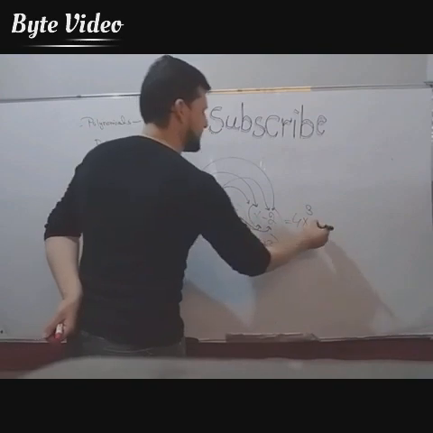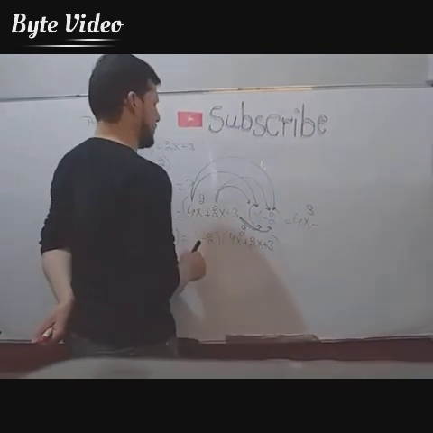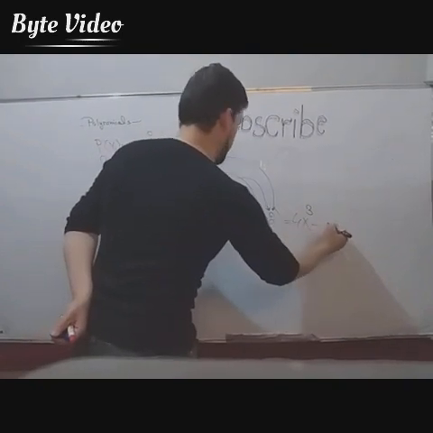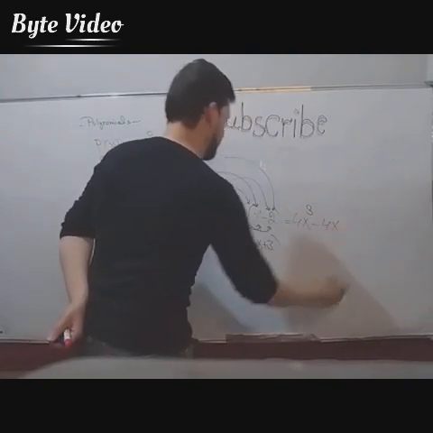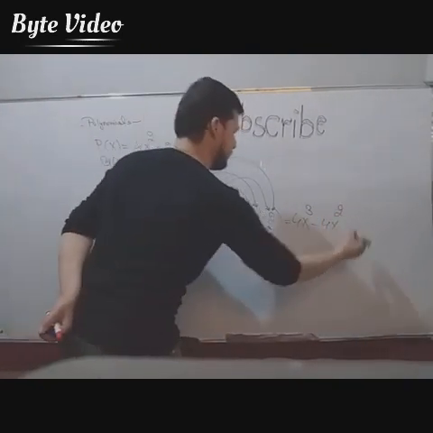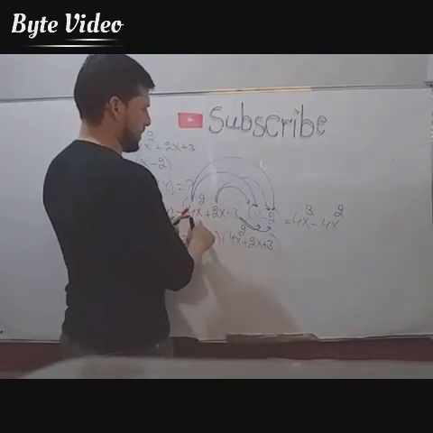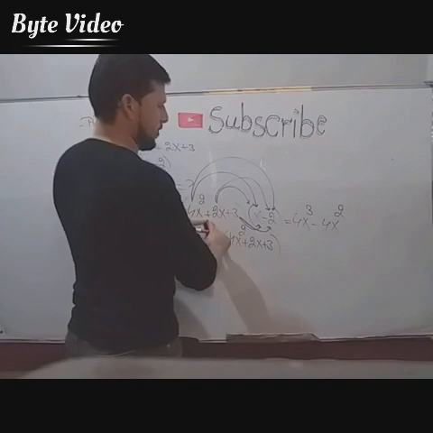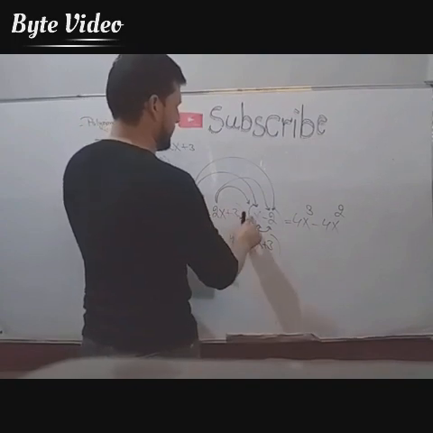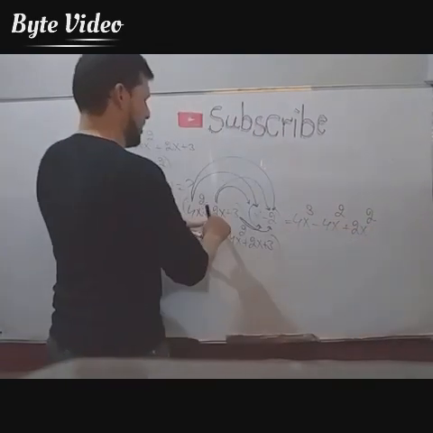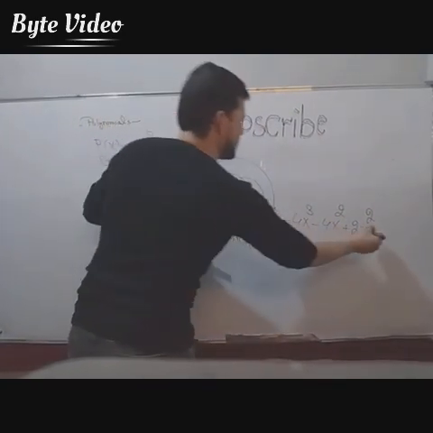Positive negative is equal to negative. 4x to the power of 2 multiplied by negative 2 is equal to negative 8x to the power of 2. Now positive 2x multiplied by x is equal to positive 2x to the power of 2. Positive negative is equal to negative.